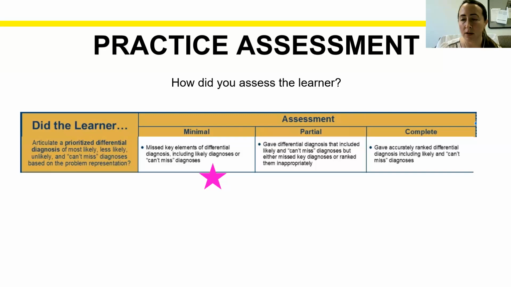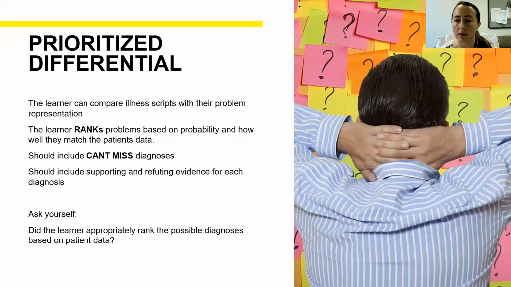Again, we sort of got lost in other discussion, but did anyone want to weigh in from the other group? Mai or Carmen or Jessica or Lou? It did seem like he just listed a bunch of possible things without prioritizing them at all. So I would have put minimal as well.